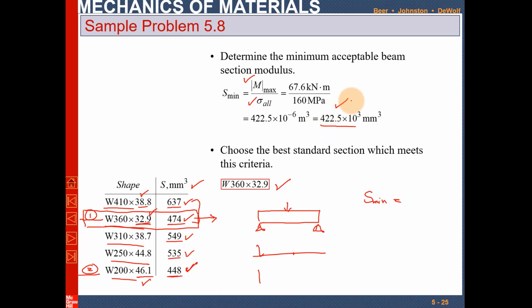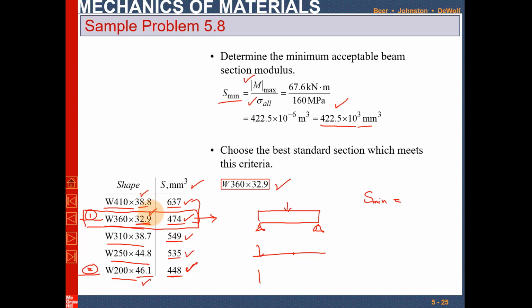Then you have to go to the property tables of the beams that are available at the end of the book as appendix C, and search for the minimum section modulus beam. From that table you can choose more than one beam, but you have to check that it has lesser mass per unit meter. Clear?